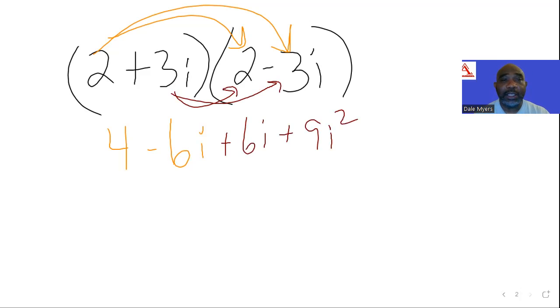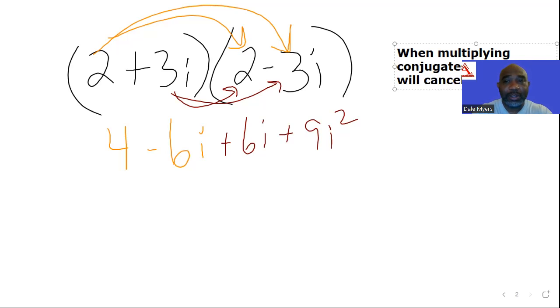Now, the cool thing that you need to remember is that when multiplying conjugates, which are like the opposite of each other, some terms will cancel out.